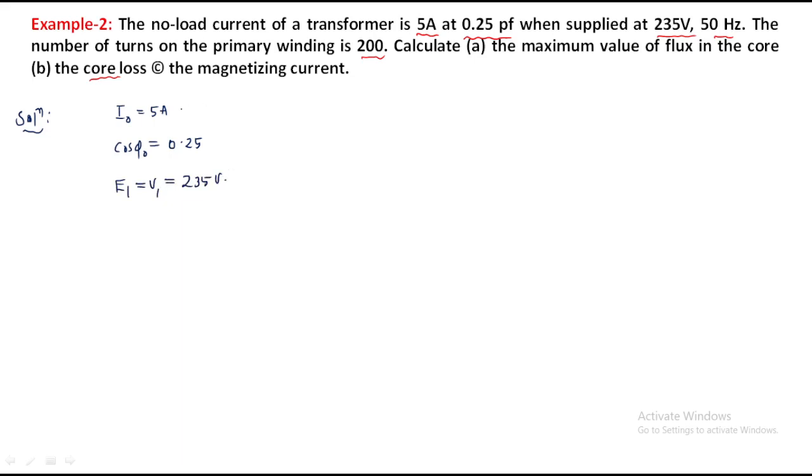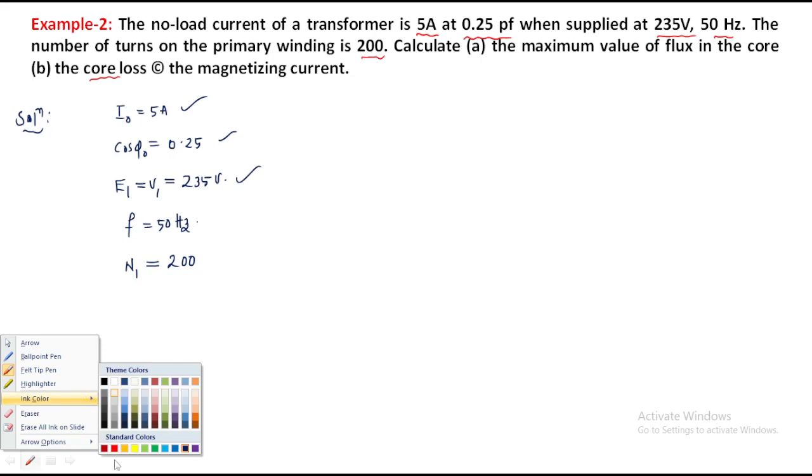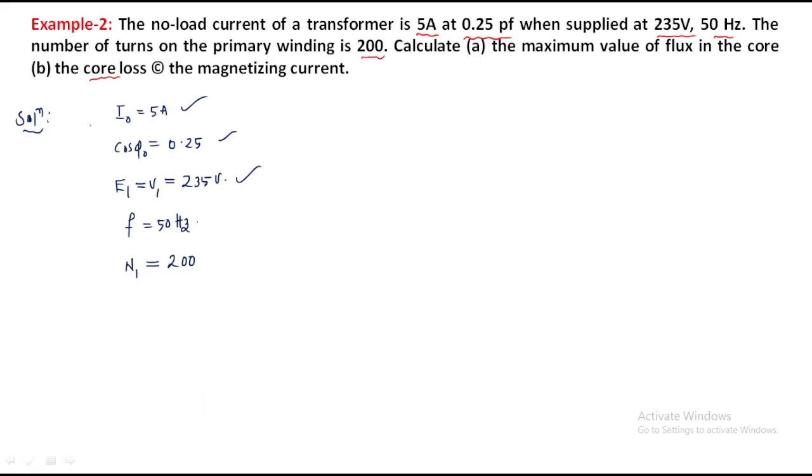You have to write the no load current, no load power factor, primary induced voltage like that. And the supply frequency is 50 hertz, and N1, the primary turns, equals 200. So we have to calculate the maximum flux, and this is the given data.